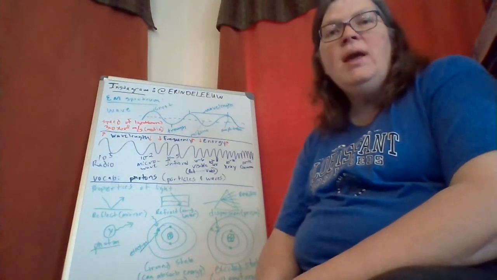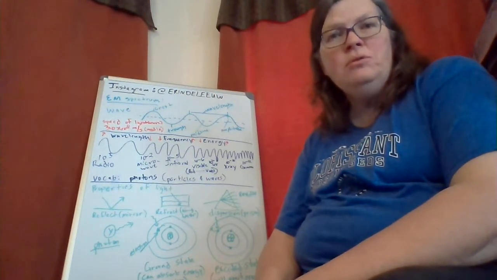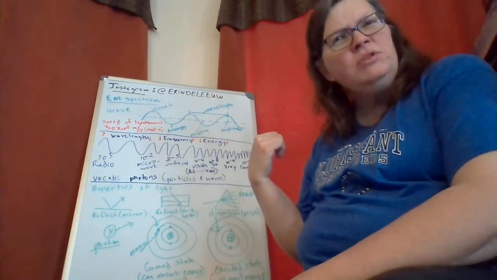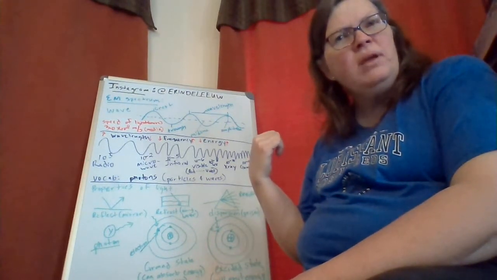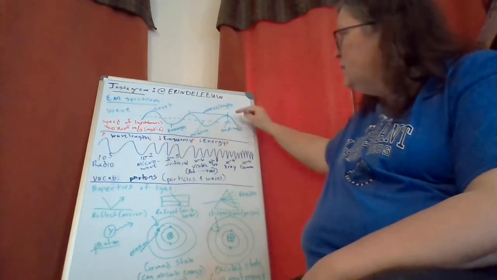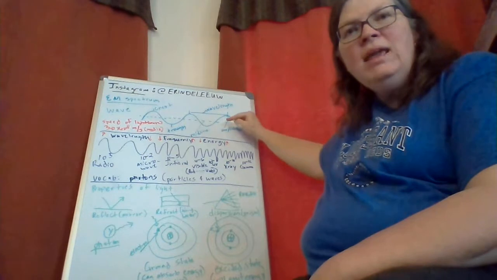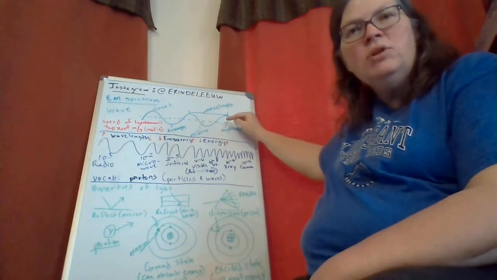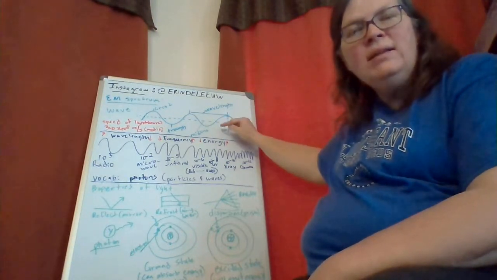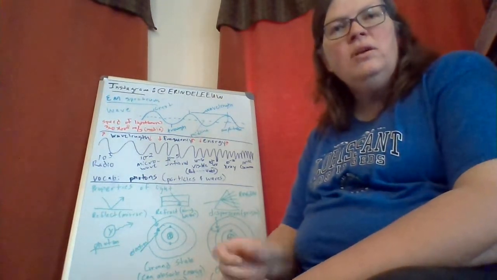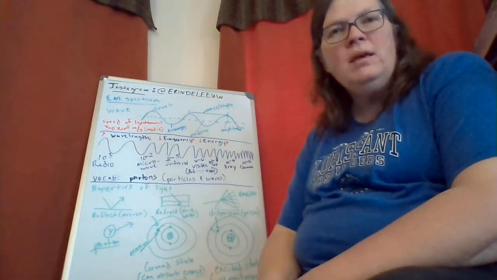So AM stands for amplitude modulation. Now, haven't we just had the word amplitude when I was talking about the parts of the wave? Sure did. So if you vary the height of the wave, that's the AM channels on your radio. You change that, and you can change the station that you're listening to in your car on the AM dial.